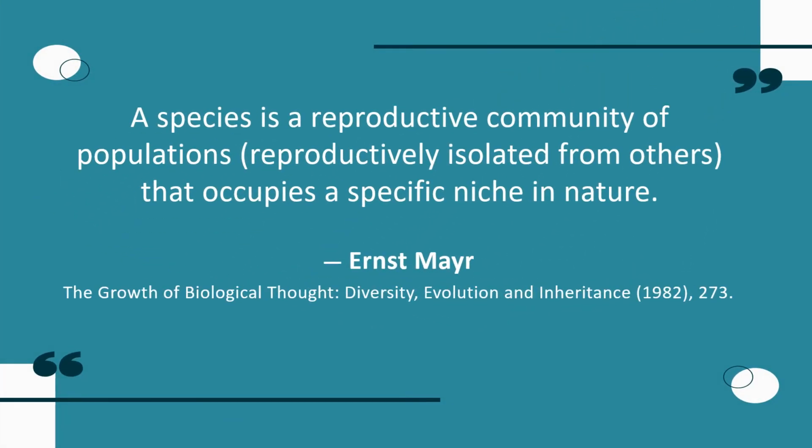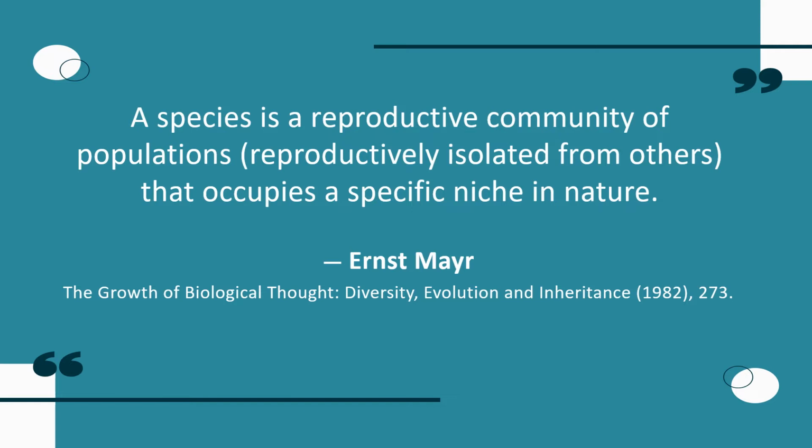Before I start the lesson, I would like to draw your attention towards the importance of reproduction by quoting Ernest Mayr, a pioneer evolutionary biologist. In his book titled The Growth of Biological Thought, Diversity, Evolution and Inheritance, Ernest Mayr defined species as a reproductive community of populations that occupies a specific niche in nature.